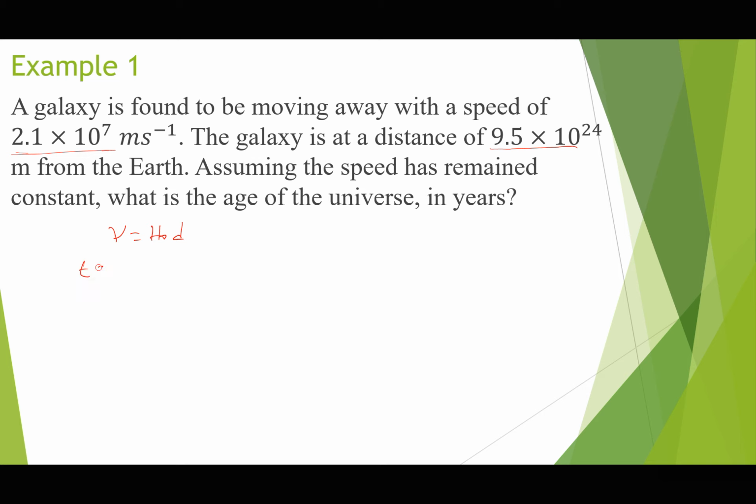So remember, time is equal to the distance divided by the speed, where the distance is d and the speed is h naught times d. So the time, which is the age of the universe, is actually supposed to be 1 over h naught. But I will simply just use the distance, which is given, and the speed, to find the age of the universe. I don't have Hubble's constant, so I'll just use this.